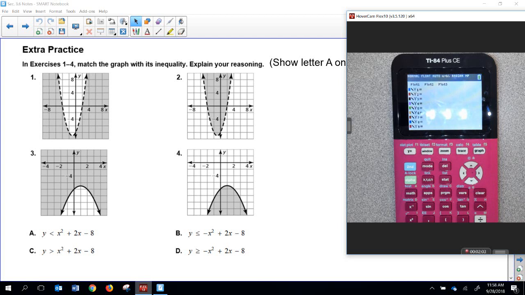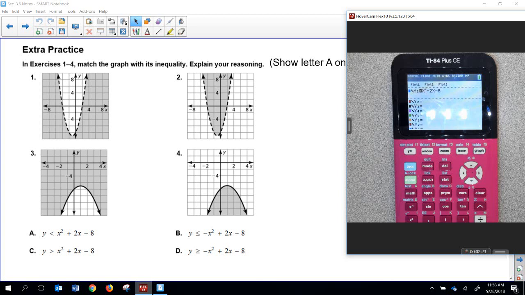Okay, so we're going to put in letter A, which is x squared plus 2x, and then minus 8. We're going to go all the way over here, and then it says less than.